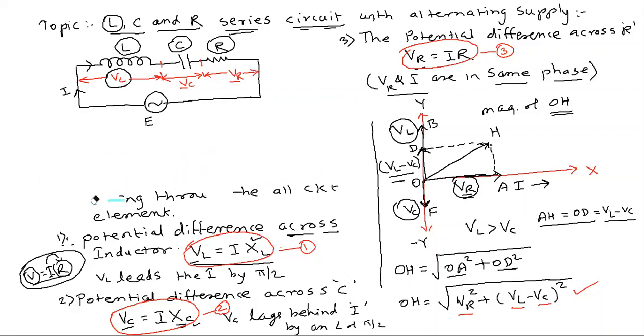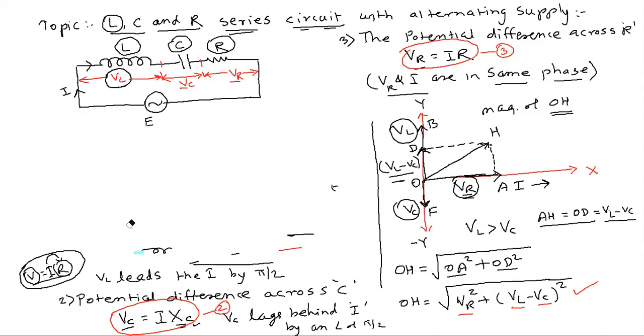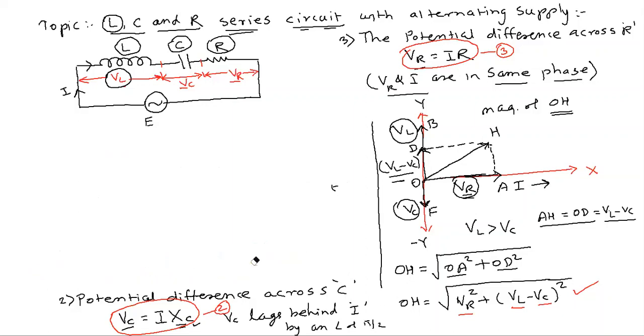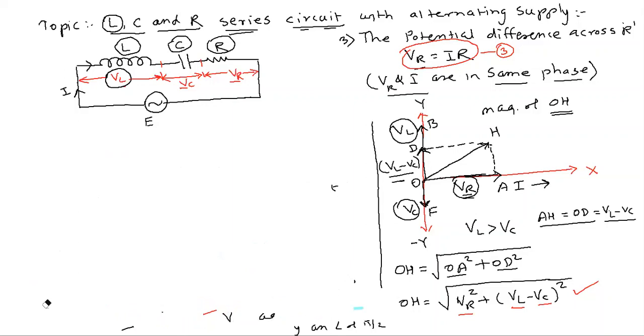So E is equal to square root of VR square plus VL minus VC bracket square, and then we substitute the values here. By substituting these values we get a new equation.